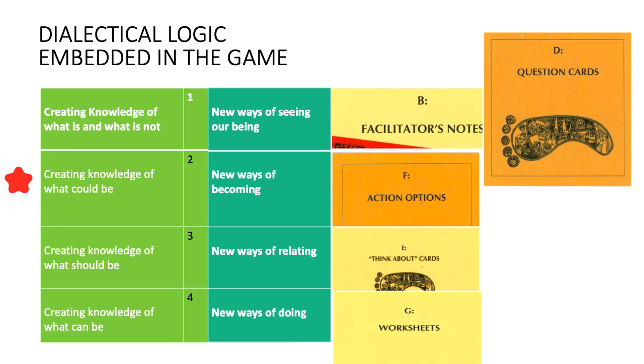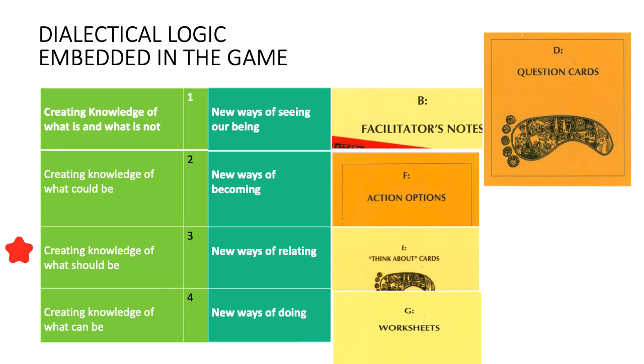The game also helps create knowledge of what could be, because we look at the action option cards, we look at new ways of becoming, that is, new ways that we could be personally, but also new ways that our society or the structures of our society could be influenced through our lobbying work.